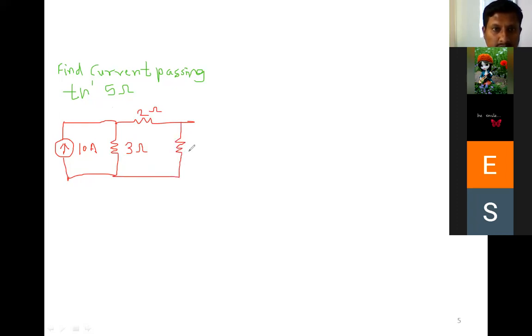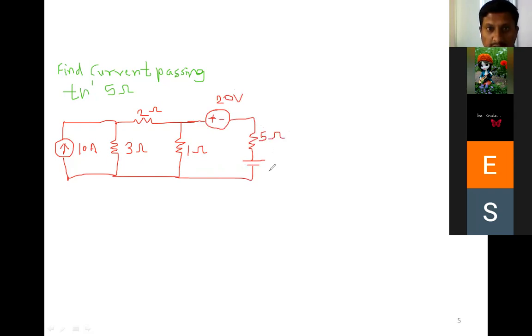It is 1 ohm. Here it is plus minus, a voltage source will be there, that is the 20 volt. Next it is the 5 ohm. This is the 10 volt. And this is the 2 ohm.